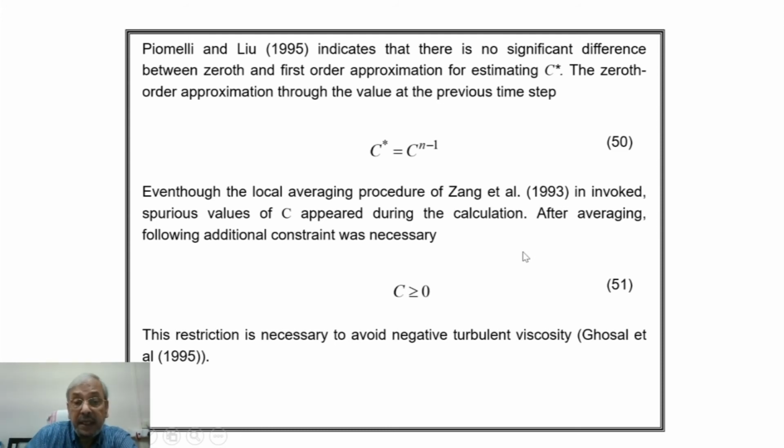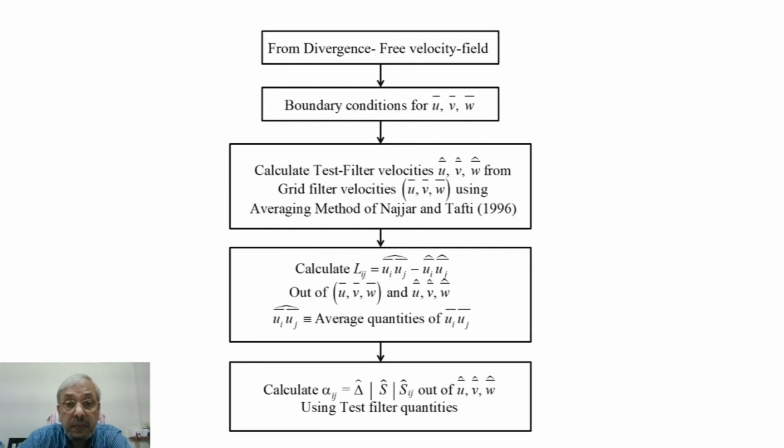And even then if there is some negative C value, we can apply this limiter: if it is 0 or above, it comes as such, but if there is any negative value, then the negative value will be converted into 0.